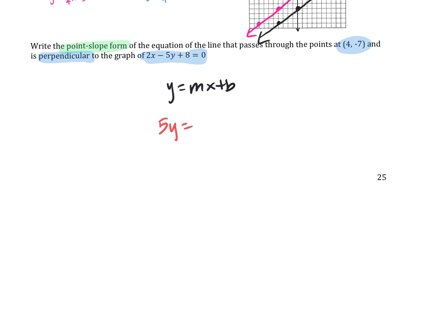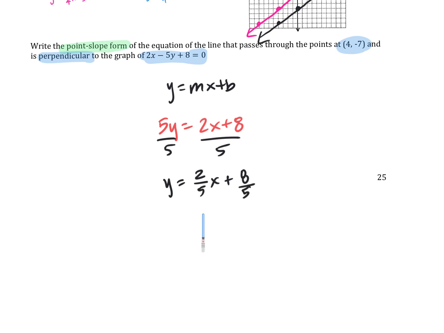So if I added 5y, what's left over here? Thanks, Peyton. And then divide by 5. 2 over 5x plus. I said 1.6. Oh yeah, you could totally say that. 8.